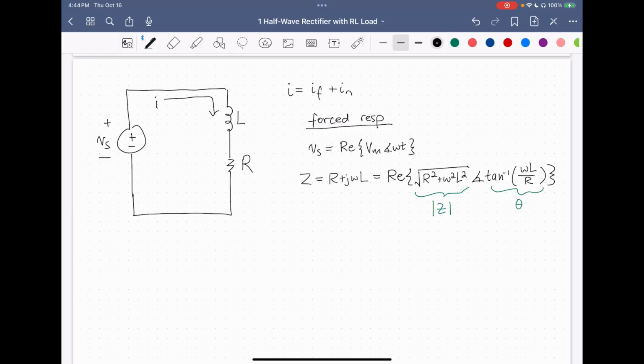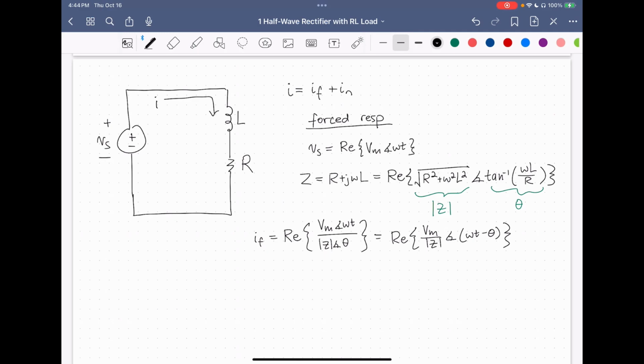So now we want to find the forced response IF. And IF is going to be written as the real part of the phasor of Vs over the phasor of the impedance. So this is going to be Vm angle omega t over magnitude of Z angle theta. So this is equal to the real part, and now the magnitudes are just divided by each other, and then the angle is going to be omega t minus theta.